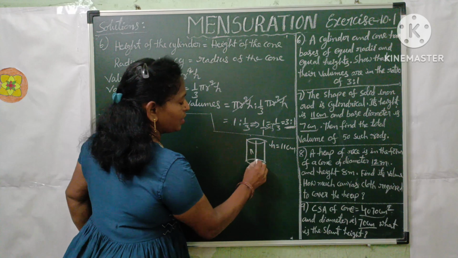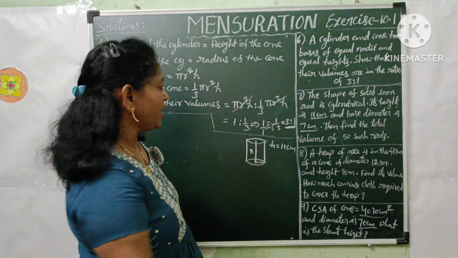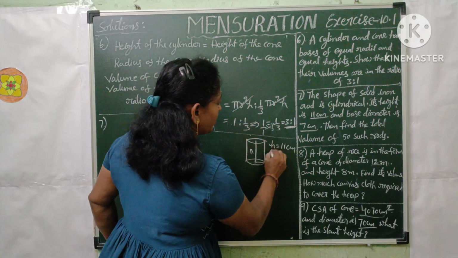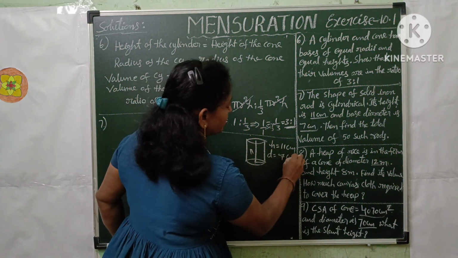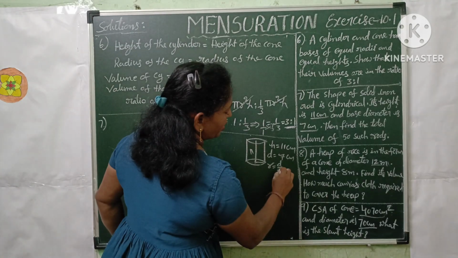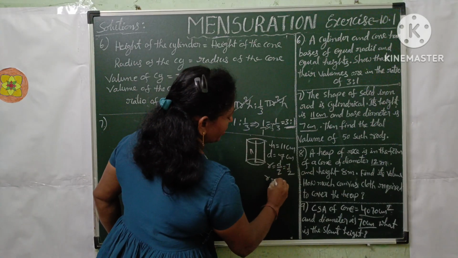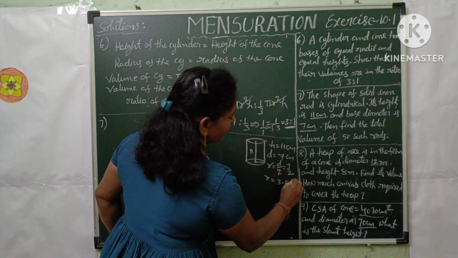Diameter equals 2 into radius, so D equals 7 centimeters. Then find the radius: radius equals diameter by 2, that is equal to 7/2. Therefore, radius equals 3.5 centimeters.